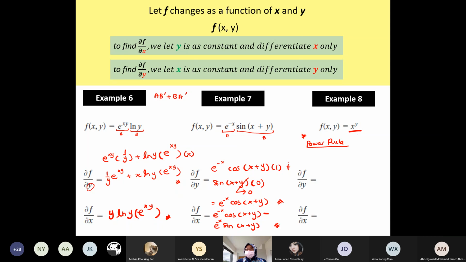Okay, so what does the power rule say? For example, here you have d over dx of x to the power of n. Okay, so here you solve this equation by n x to the power of n minus 1. Okay, this one is the power rule for the rational power.